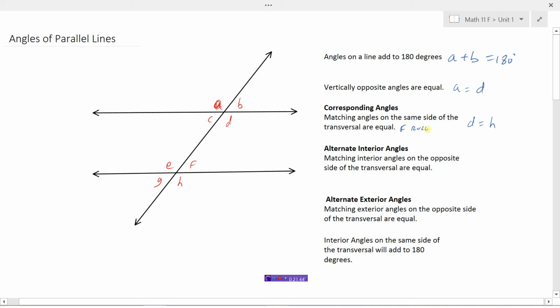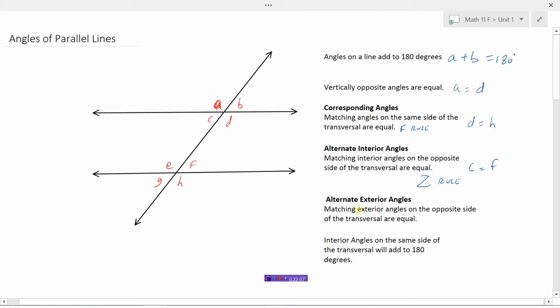D and H. Alternate interior angles. So matching interior angles on opposite sides of the transversal are equal. An example of that would be angle C equals angle F. And sometimes we call that the Z rule. And we learned about alternate exterior angles.